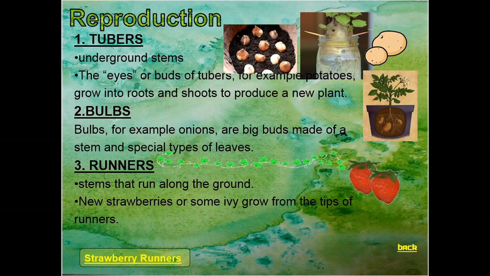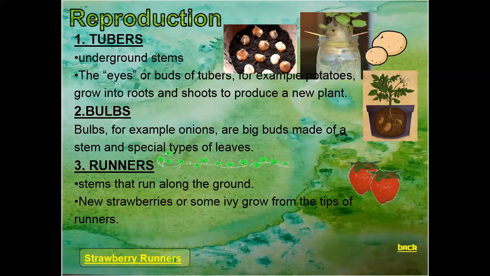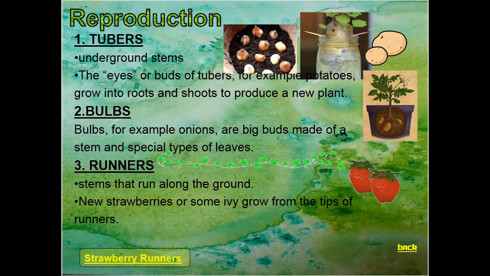Reproduction would still be possible even if environmental conditions were not suitable for seeds or spores. When conditions are not suitable for seeds or spores to grow, we can use runners, cuttings, bulbs, or tubers.